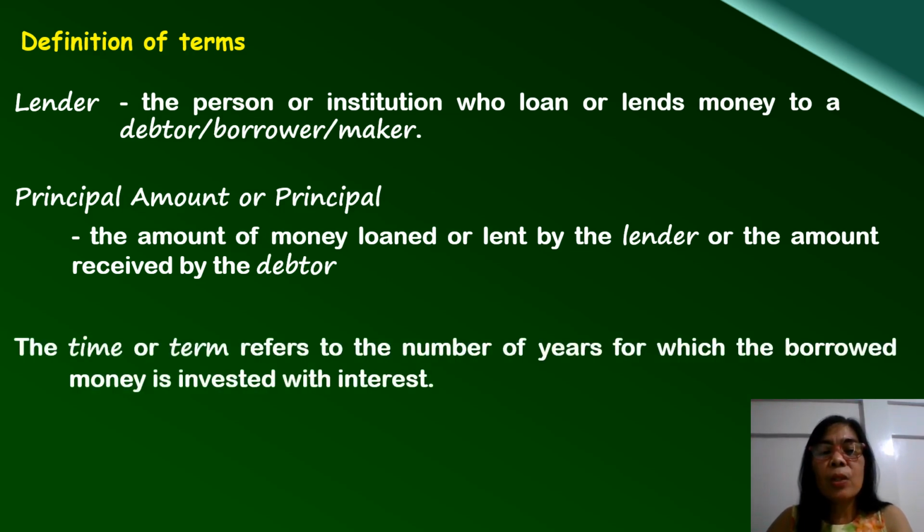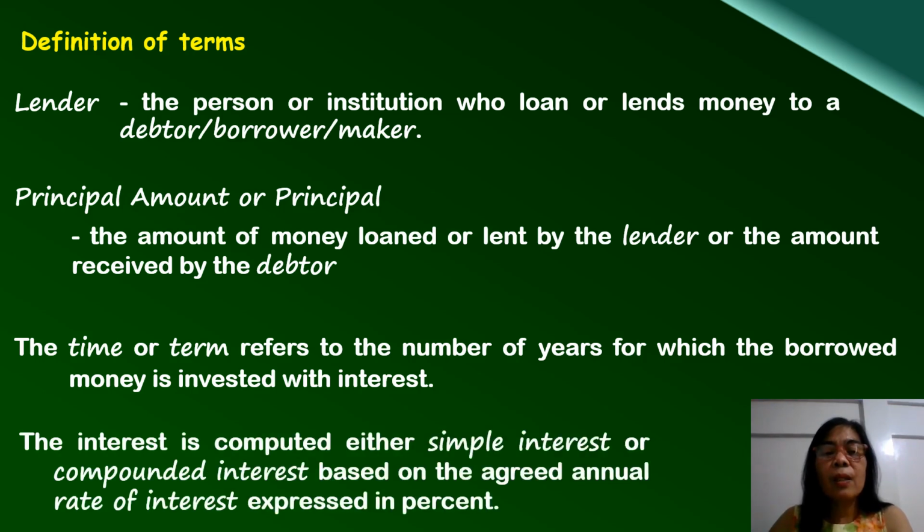The time or term refers to the number of years for which the borrowed money is invested with interest. The interest is computed as either simple interest or compound interest based on the agreed annual rate of interest, which is expressed in percent.